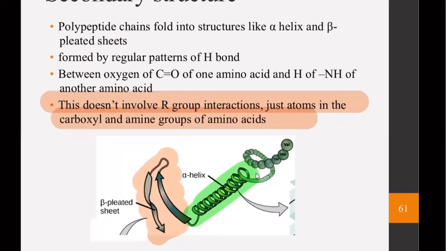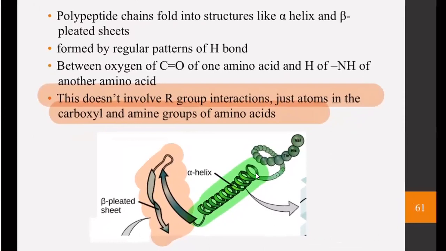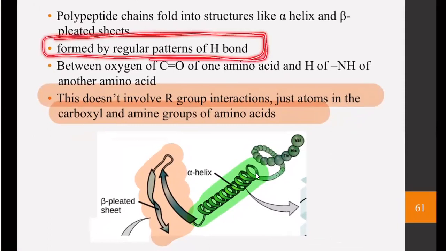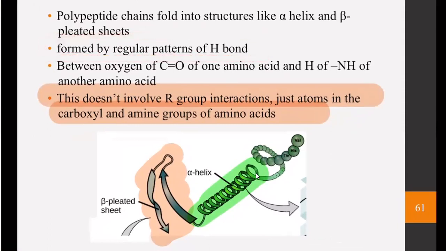And the main reason for folding is the regular pattern of hydrogen bonds. That's the keyword. Between what are they formed? Between the oxygen of the carboxylic acid group of one amino acid and the hydrogen of the amino group of another amino acid. Is this understandable?